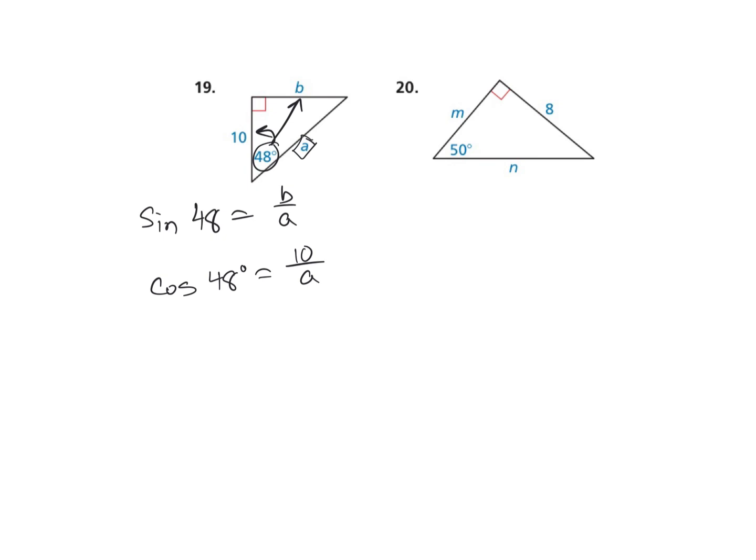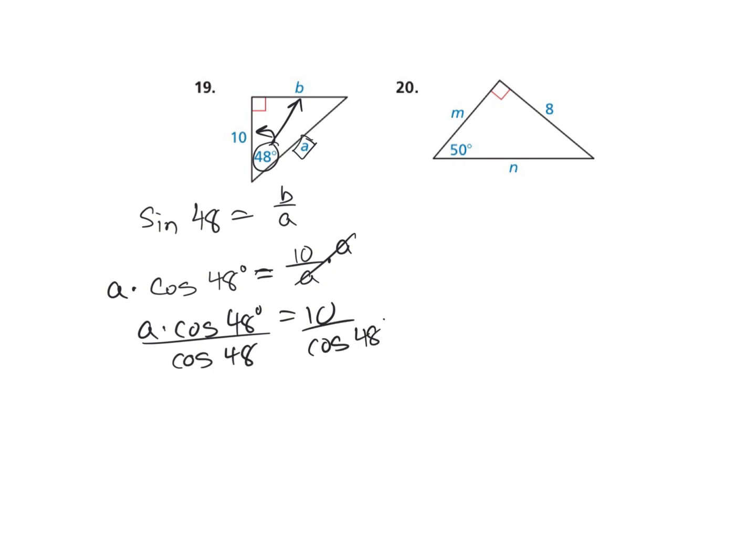All right, so the problem is it's in the denominator, so to remove it, we multiply by it. All right, and then to remove the cosine of 48, we have to divide by it. So I'm going to write this out to make it look a little bit better, and then the next time I'll just do it a little bit faster. So now, you don't want to find the cosine of 48 first, but it's tricky how you do this on your calculator.